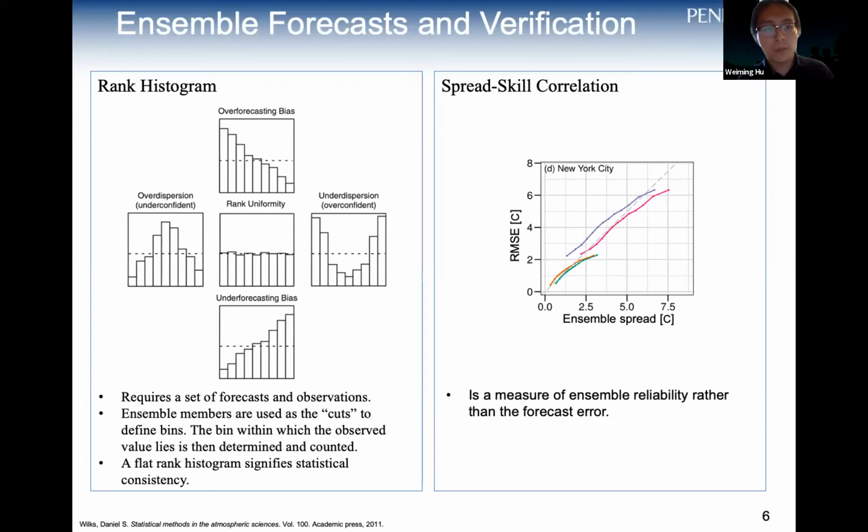To the other extreme, on the right, the third figure on the second row, it is under dispersion, which is the opposite of what we have just seen. So there are too many observed values outside of the ensemble.